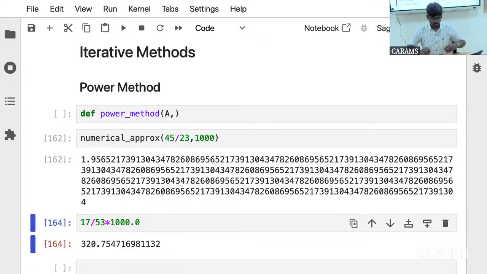Very powerful if you use Sage Math, because when we worked on the iterative methods, Vinay and I discussed that Python programming and the others all work with double precision. That means the maximum is about 16, 17 decimal places.